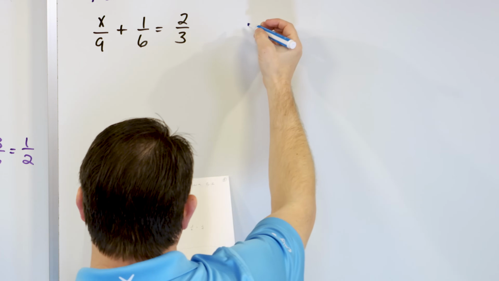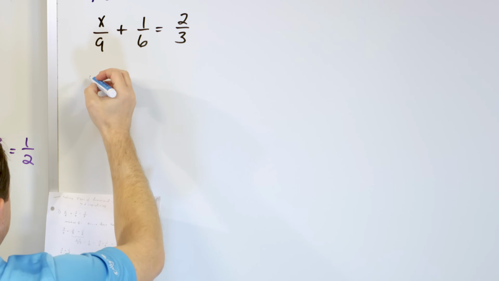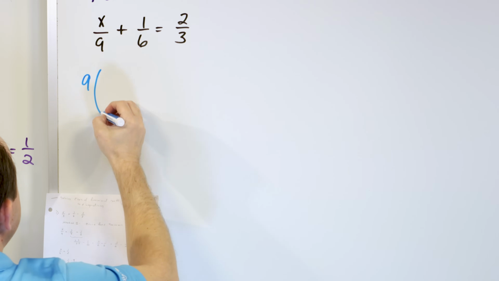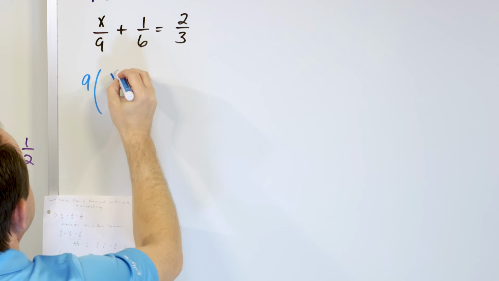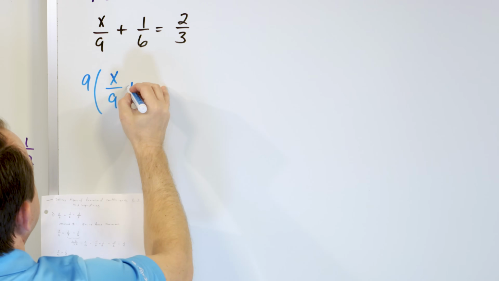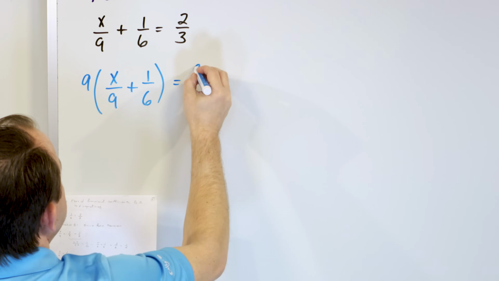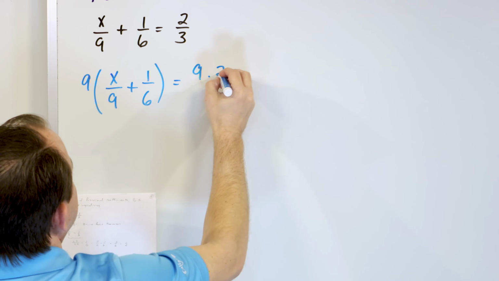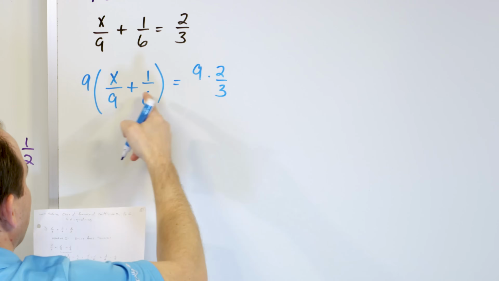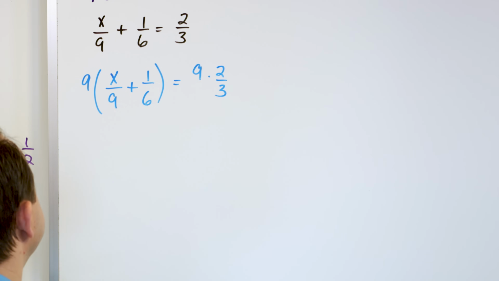Let's go over this direction. Well, let's work underneath. Let's say we're going to multiply the left-hand side by 9. Now, when you multiply an entire equation by something, you need to wrap the whole equation up like this, because you're multiplying the whole left-hand side by 9, and then the right-hand side is 9 times 2/3. Now, you all know that 9 is 9 over 1, right? But I'm going to write it as 9, okay?